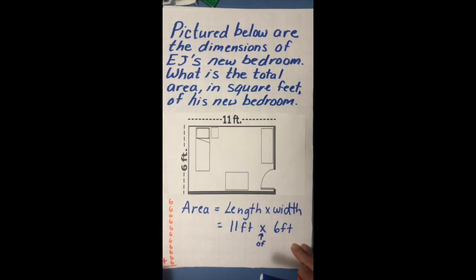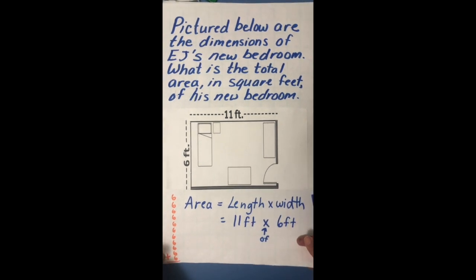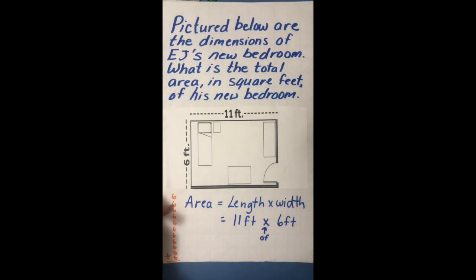So if I use repeated addition, it would just be, well, you can see that. 6, 12, 18, 24, 30, 36, 42 and 48, 54 and 60. And then one more 6, so that would be 66. So my answer here would be 66 feet squared.